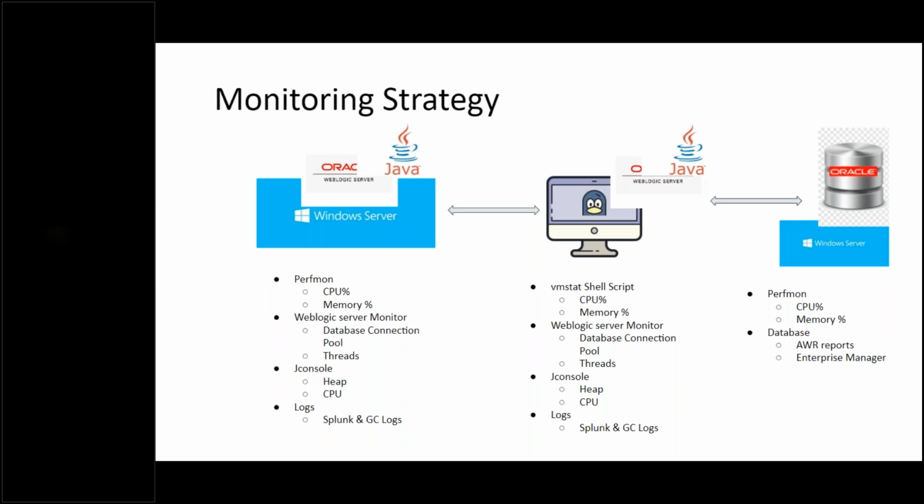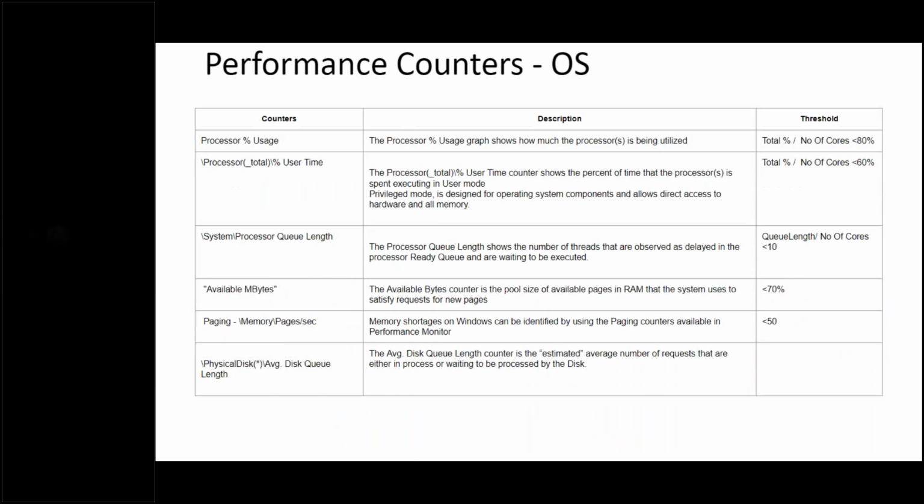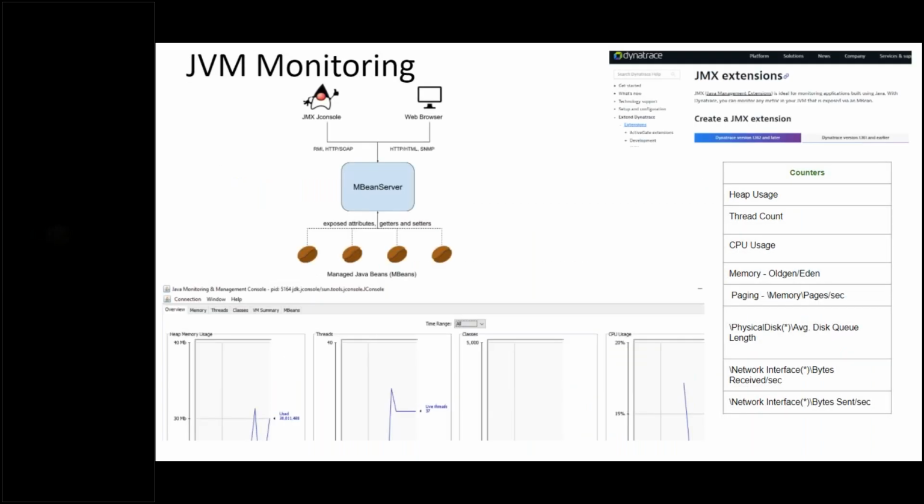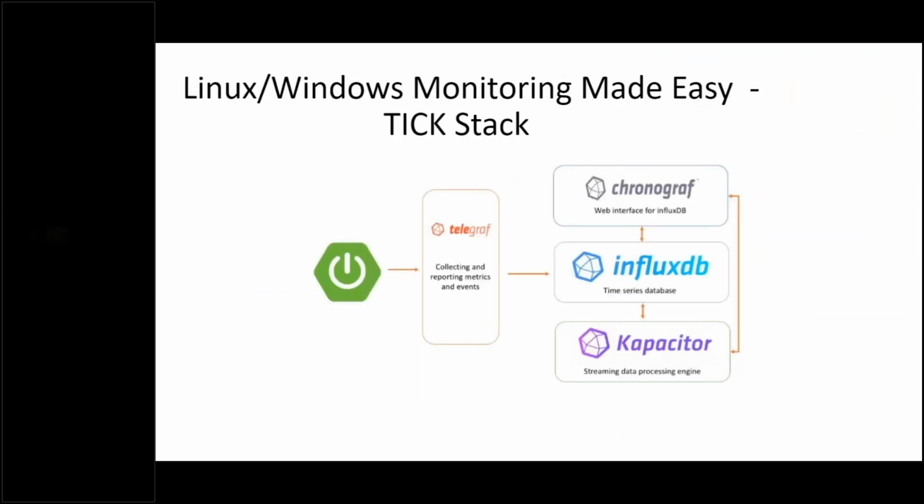Once we talk about the monitoring strategy, we'll also look into JConsole for JVM monitoring, and then we will look into two of these monitoring tools. One is the TICK stack: Telegraf, InfluxDB, Chronograf or Grafana, for open source tooling.